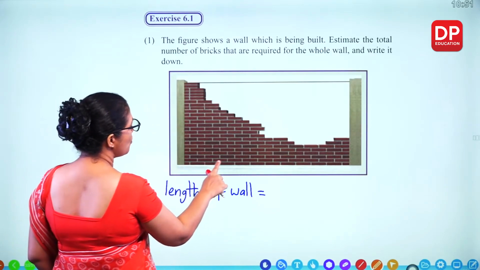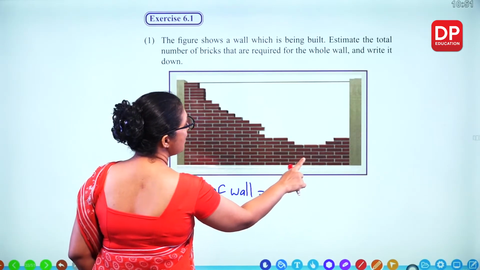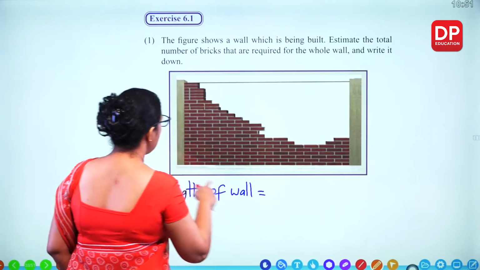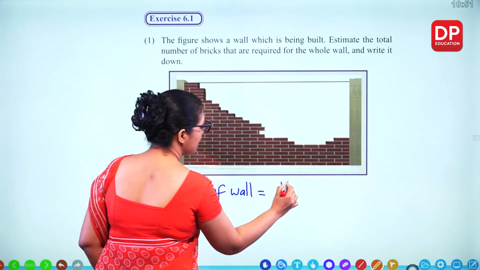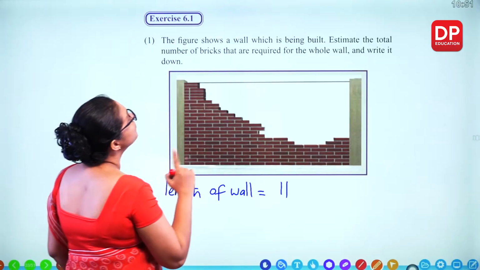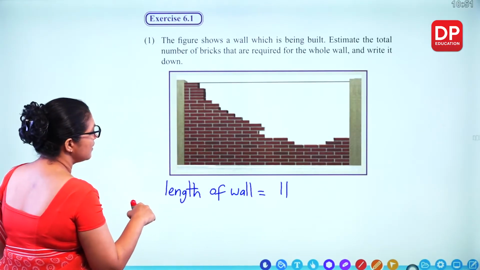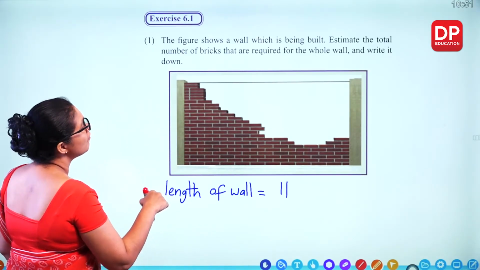We can say 1, 2, 3, 4, 5, 6, 7, 8, 9, 10. Here this half and this half, 11. Then what about this side?